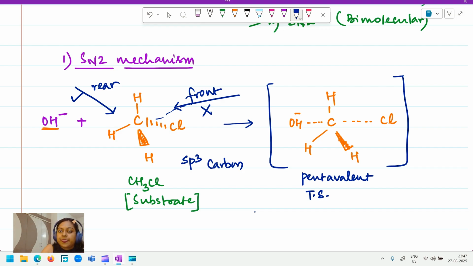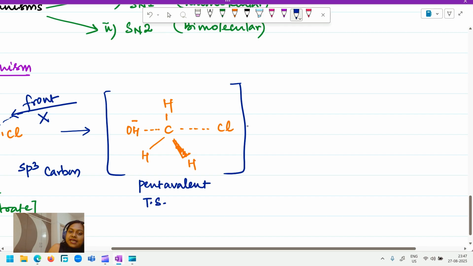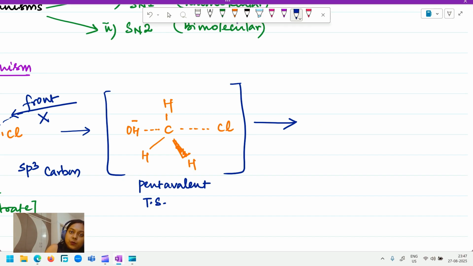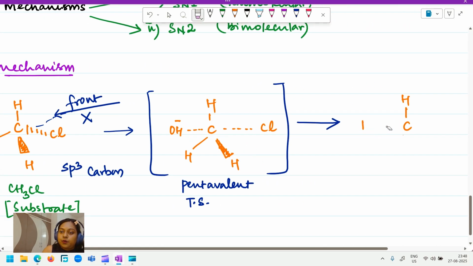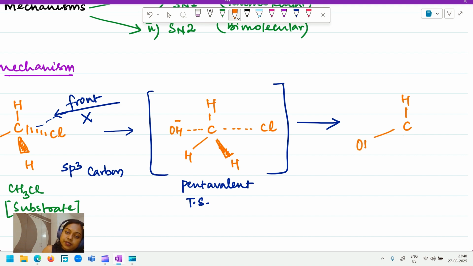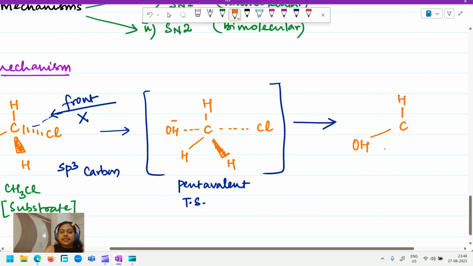All good so far? So what happens as a result of this transition state and the addition of the new nucleophile OH is that we obtain a new product where the stereochemical configuration would be that of an inverted molecule. So the OH would go over here and the Cl gets taken out.